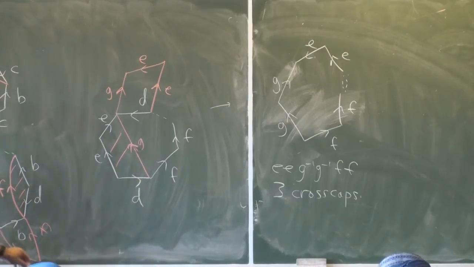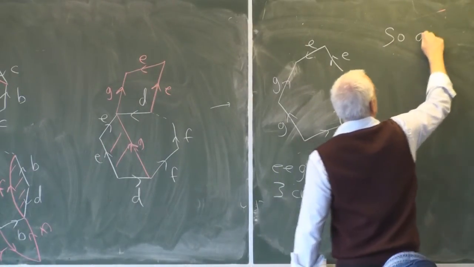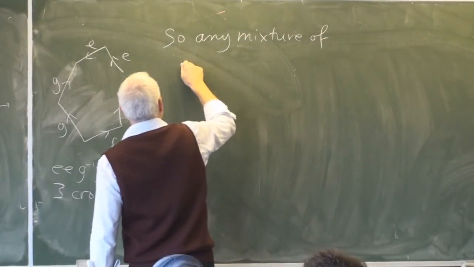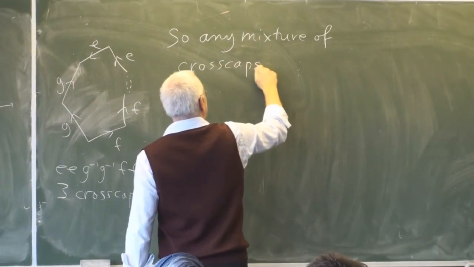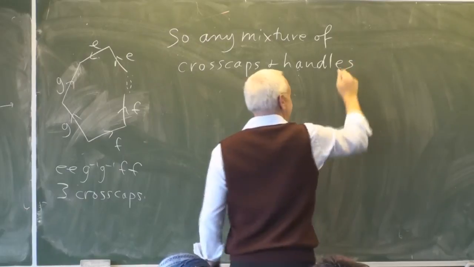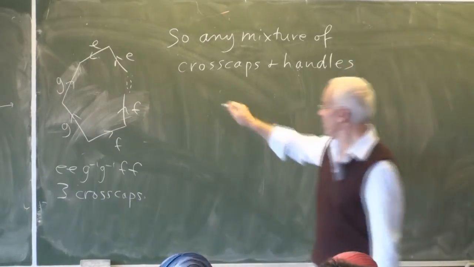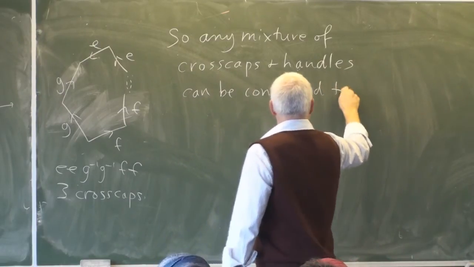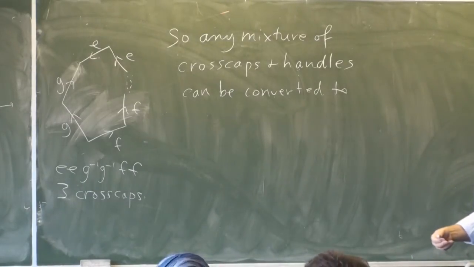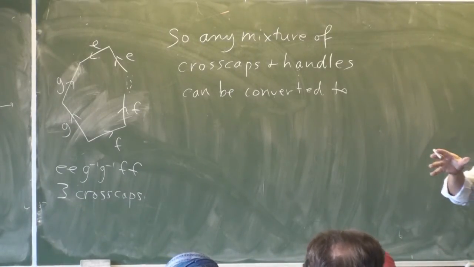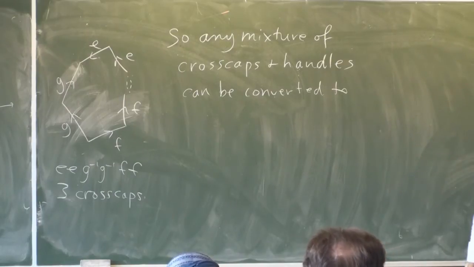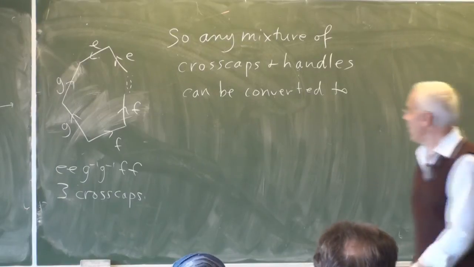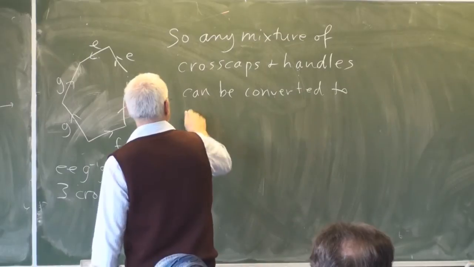So that means now that any mixture of cross caps and handles can be converted to only pure cross caps. Whenever we have a cross cap together with a handle, the handle can be replaced by 2 cross caps. So a cross cap kind of eats a handle, or converts it, mutates it to 2 other cross caps. So it can be converted to just cross caps.